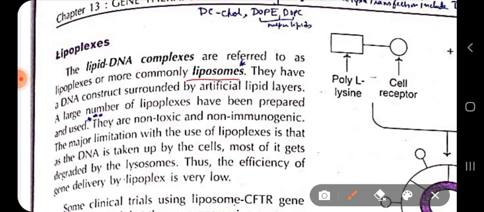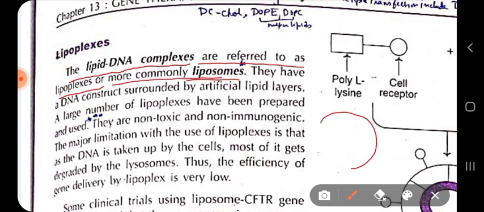So DNA is polyanionic in nature, so cationic and neutral lipids are used for gene delivery. To form lipoplexes, these cationic lipids are often combined with neutral helper lipids, and most of the reagents used for making lipoplexes are cationic in nature. Lipid-DNA complexes are referred to as lipoplexes, or most commonly called liposomes.